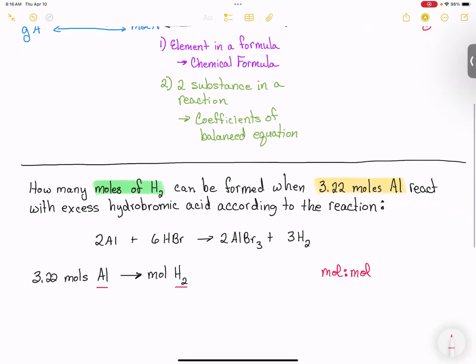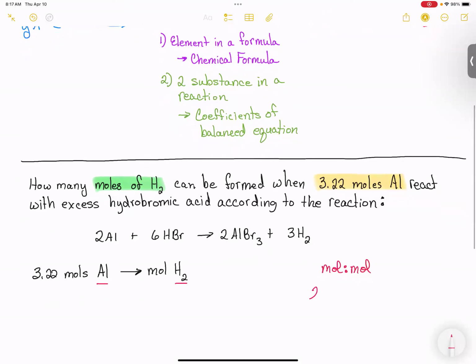And it's going to come from the balanced chemical equation. According to this balanced chemical equation, 2 moles of aluminum react to form 3 moles of hydrogen.